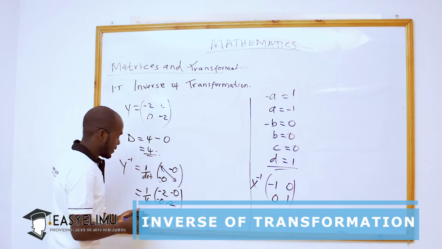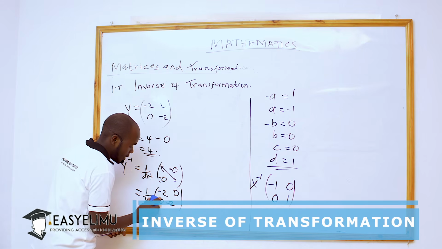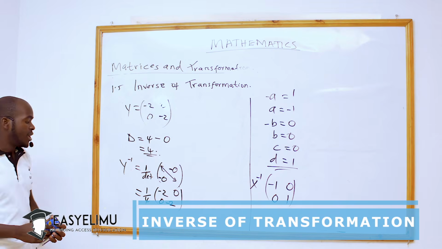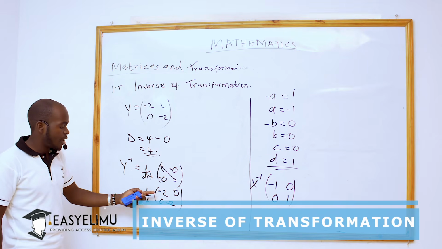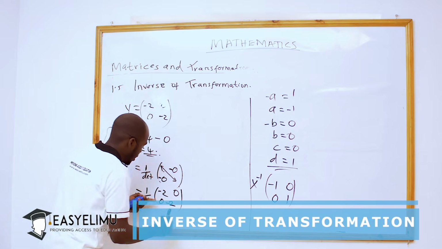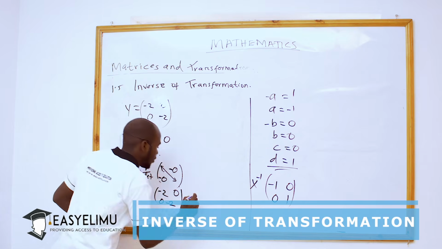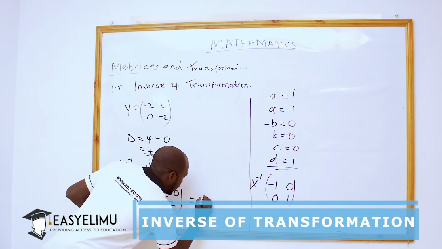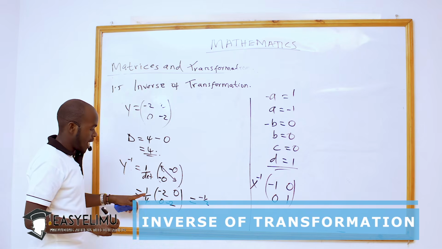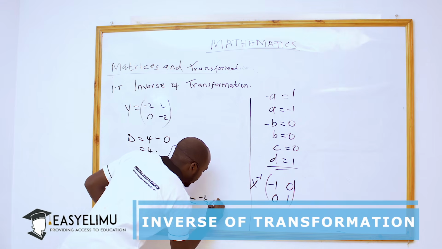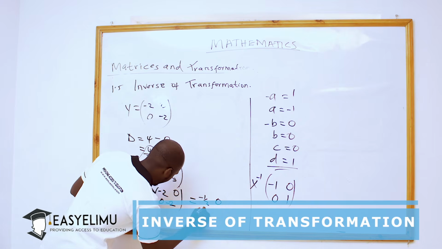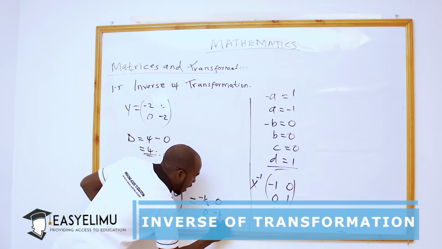So taking a quarter multiplied by each entry, this one gives you negative a half, and the other way it will give you 0, and this one gives you 0, and this is negative a half.